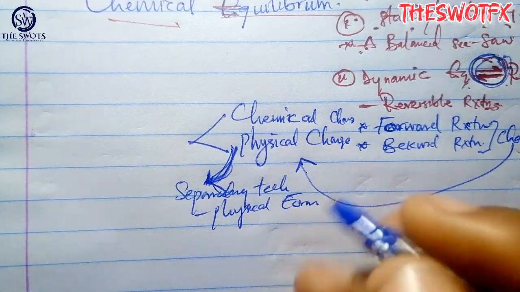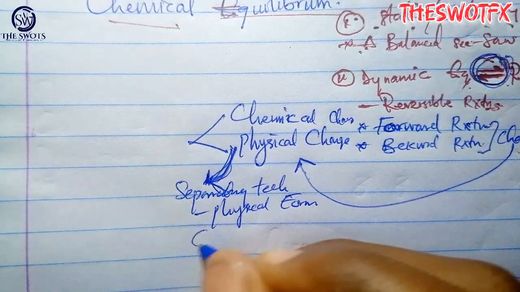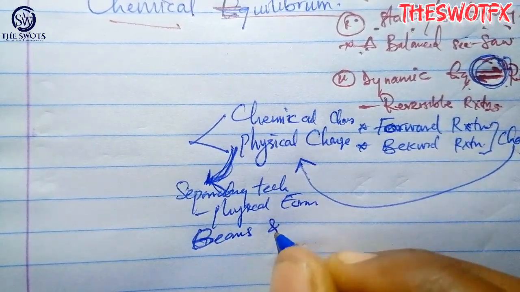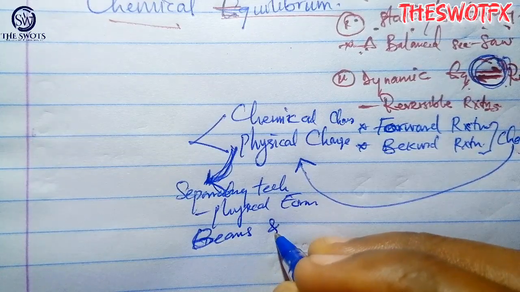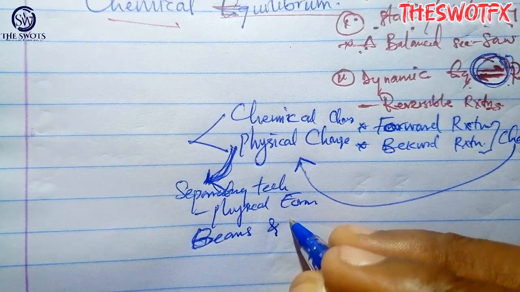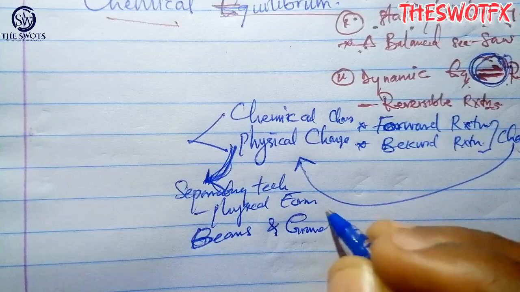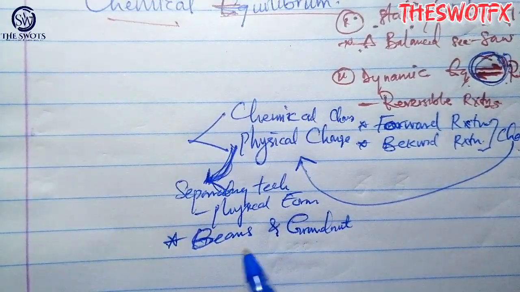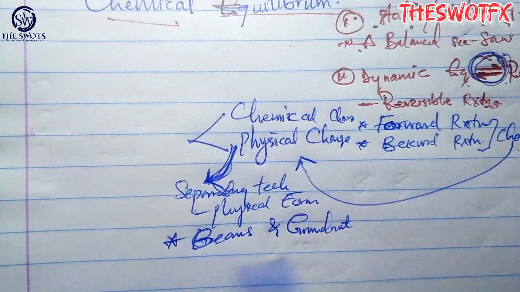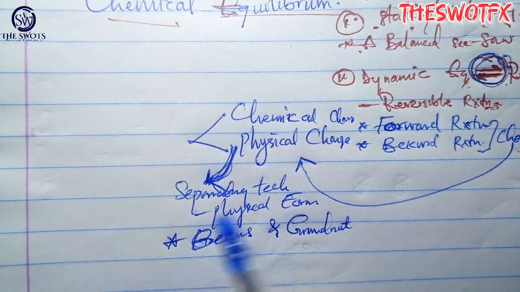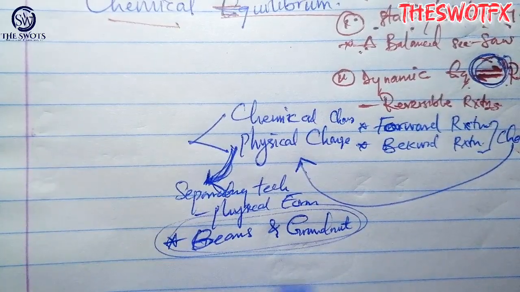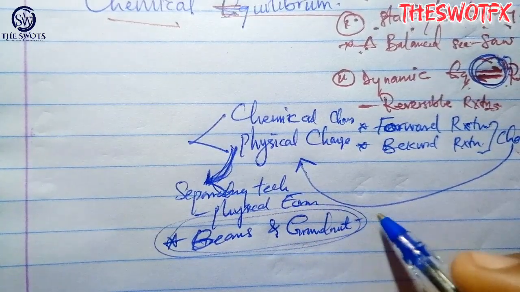For example, let's say we have beans and groundnuts. You mix them together, and the kind of physical change you can apply is that you can just handpick.